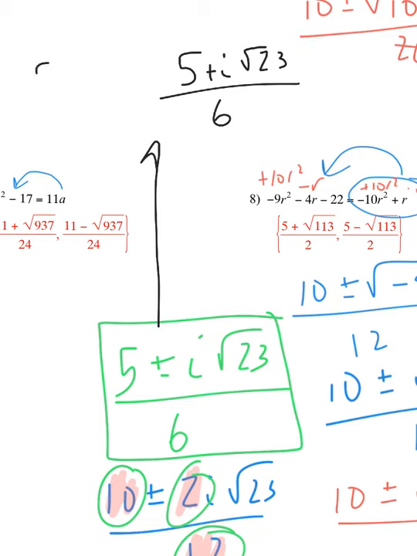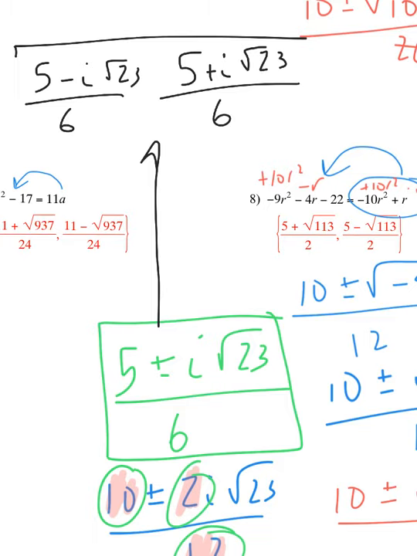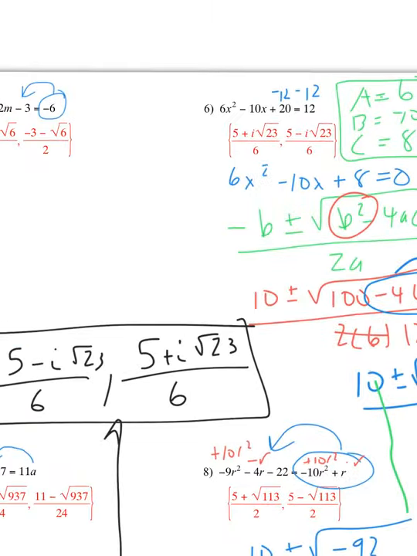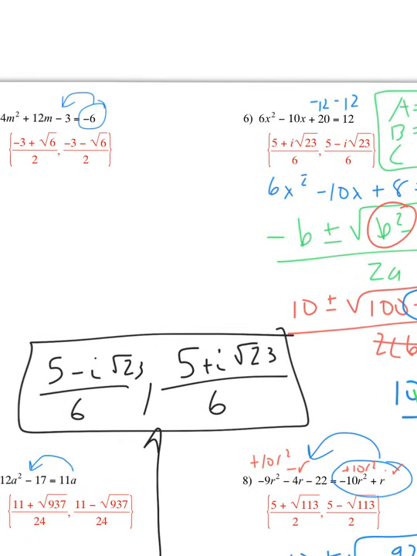And then you're going to get 5 minus i, the square root of 23, over 6. So that's how you can get your 2 answers. But again, that's not necessary. If you want to just use the plus or minus, you can. You can see here in the red, it's the same exact answer. They've just done the liberty of splitting it up for you.